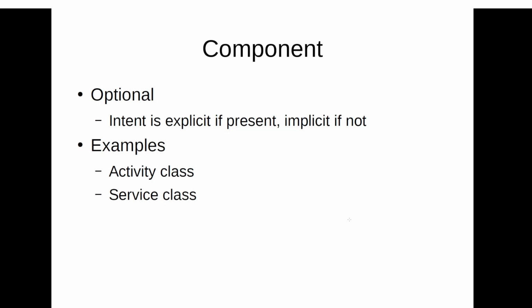If the component is specified, that intent is an explicit intent. The intent is implicit if no component is specified. Examples of components that can be targets for an explicit intent are activities and services.